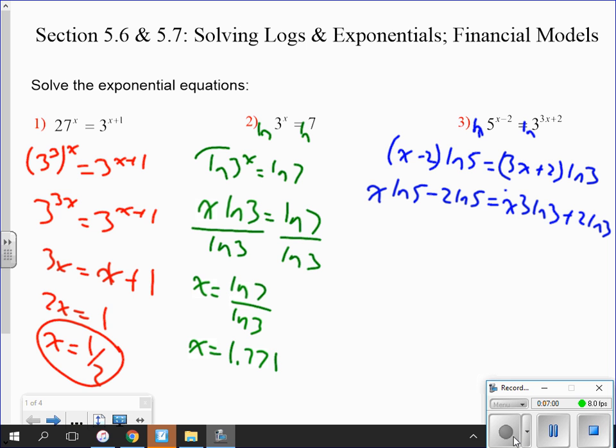Okay, so get all your x's on one side and all your non-x's on the other side. So I will add 2 natural log of 5 and subtract x 3 natural log of 3, and I know it's hard to read.